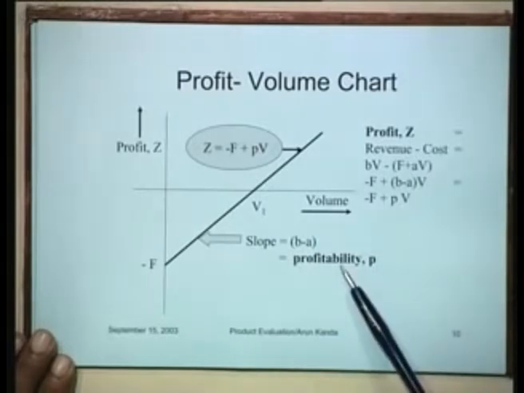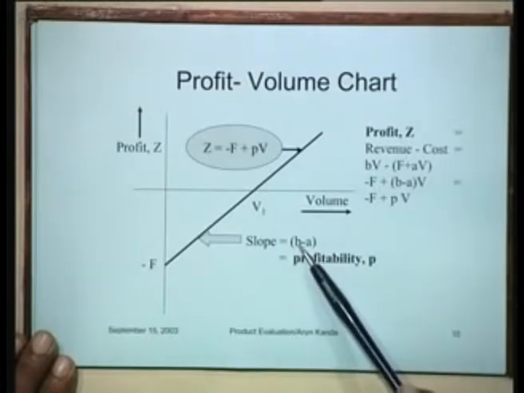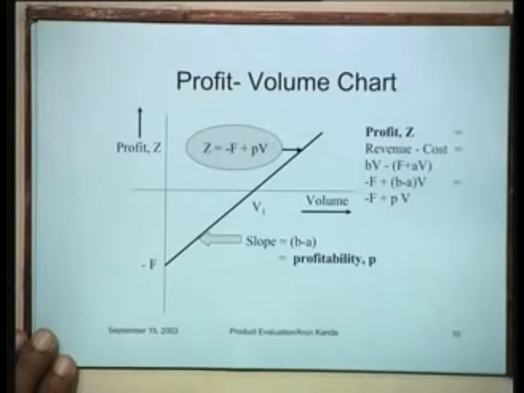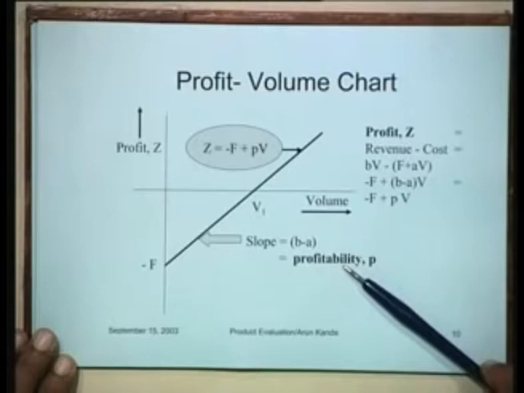And what does it depend upon? Suppose a company was to do an exercise in improving its profitability. What are the kinds of things that it will have to do? It has to basically increase B and reduce A. What does that mean in physical terms? If a product has to improve in terms of its profitability, B means selling price.